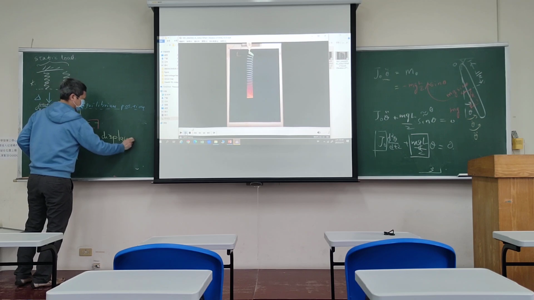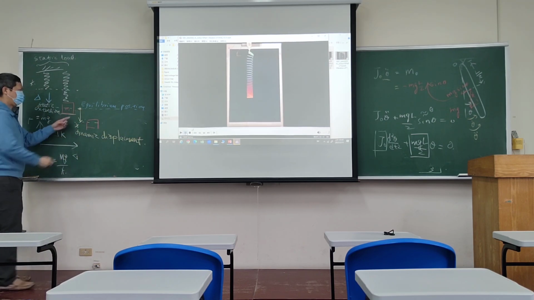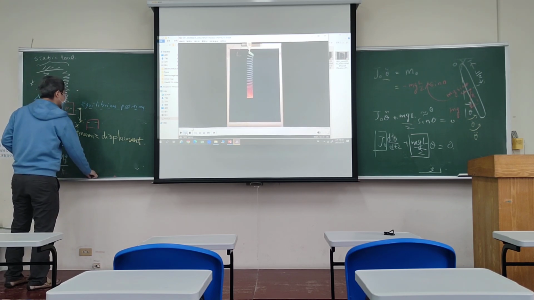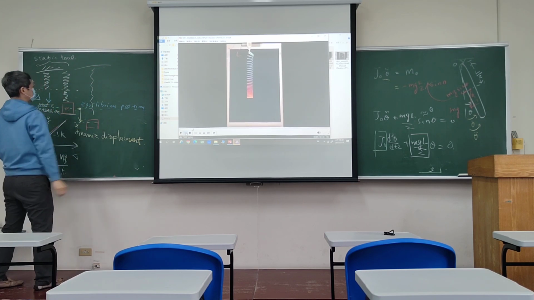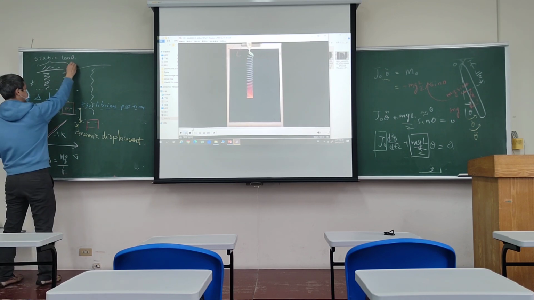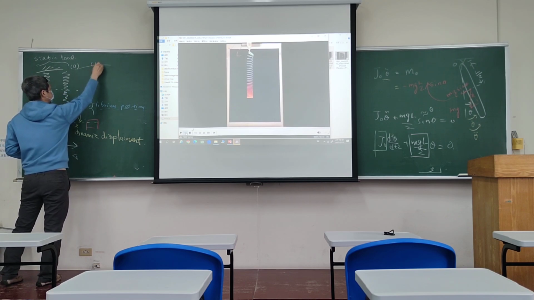Look at the drawing. It's measured from the equilibrium position. So in this case, your spring gets lengthened. So this is the starting case. This is the equilibrium case. This is the starting case.